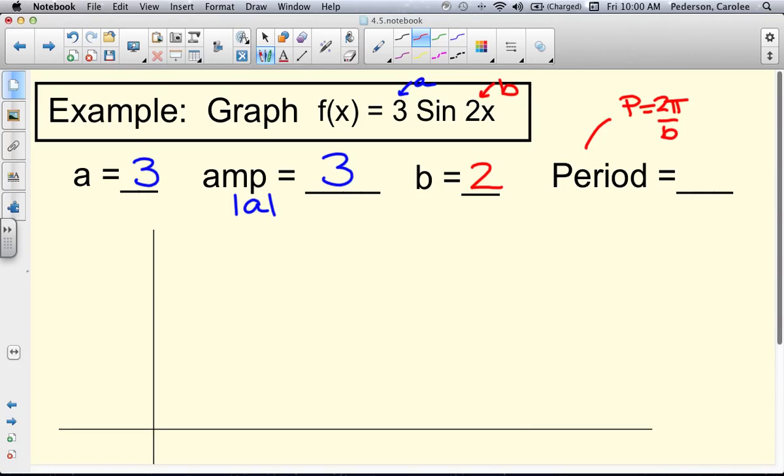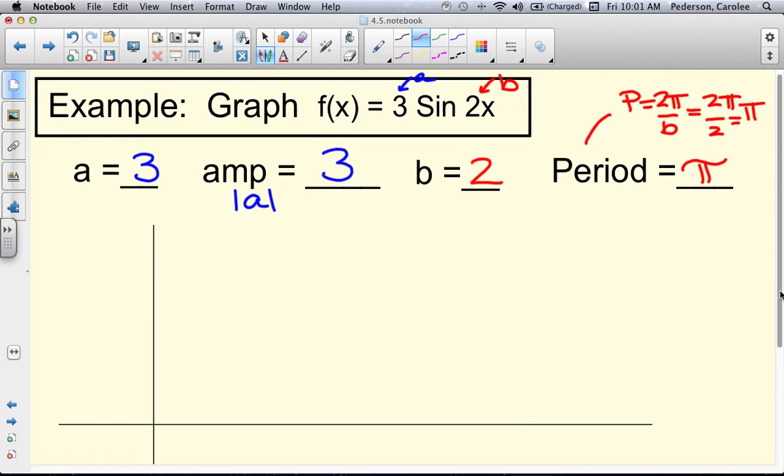You do need to have that remembered for any test or quiz. So 2 pi over 2 is pi. So it's going to take a distance of pi to do a revolution. So it's going to take a shorter amount of time for that cycle to occur.